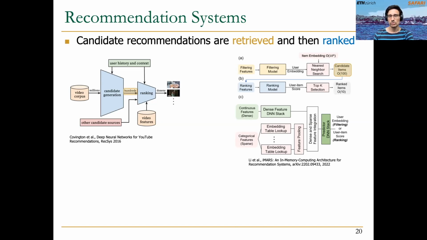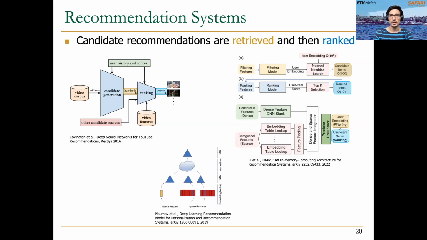This could correspond to the coarse grain matching, while in the second step, we have the ranking model where we rank the most, let's say, relevant, most representative candidates, in the order of 10 candidates or so, that are going to be presented to the users. Both filtering and ranking models are typically based on this model that we see here, where both dense and sparse features, continuous features and categorical features, are used and processed in order to, first of all, filter and then rank.